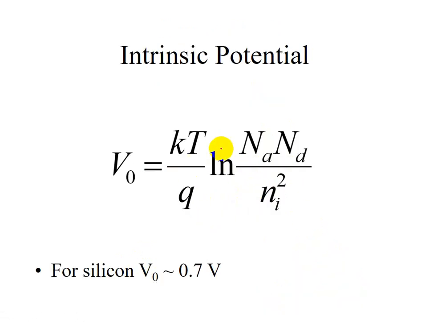This built-in voltage you can actually calculate by theoretical consideration. This k is the Boltzmann constant, T is the absolute temperature, this is the charge, and in the log, N_A is the acceptor number, N_D is the donor number, and n_i is the intrinsic carrier number.